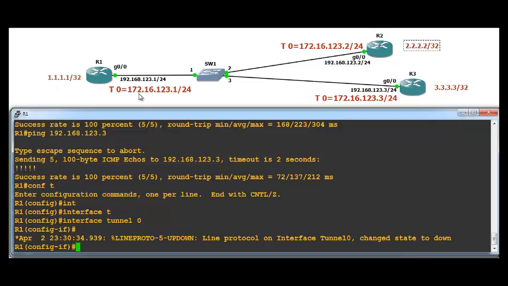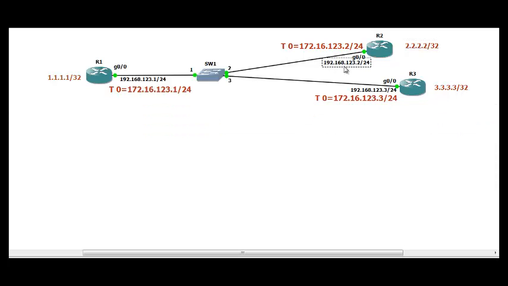On that top cover we will have 192.168.123.1 as the source IP address, and if you are pinging 2.2.2.2, then the destination IP address on the top layer will be 192.168.123.2. That encapsulation you need to mention on an interface, but you cannot mention it on the physical interface. We do it on a logical interface and map it to the physical interface.